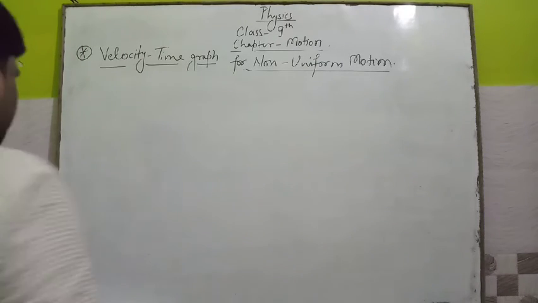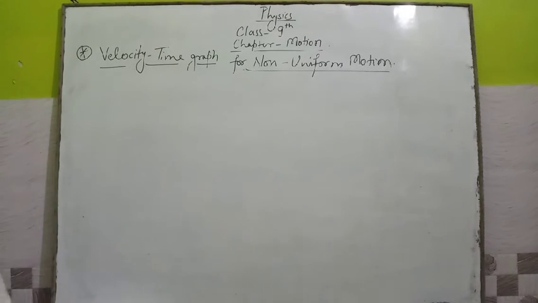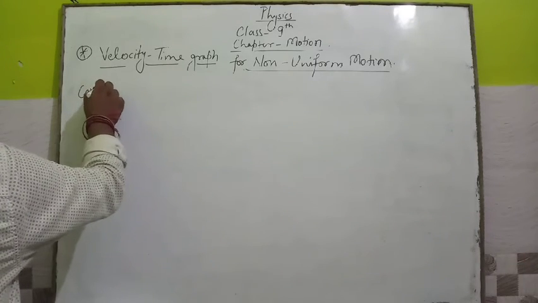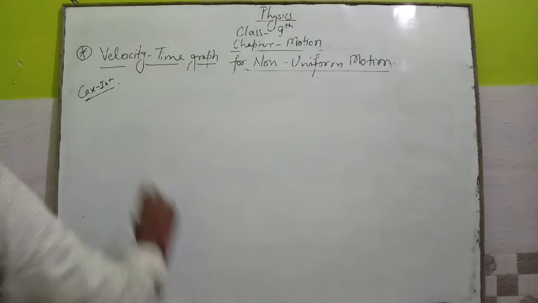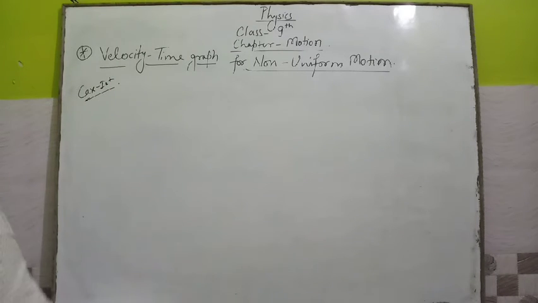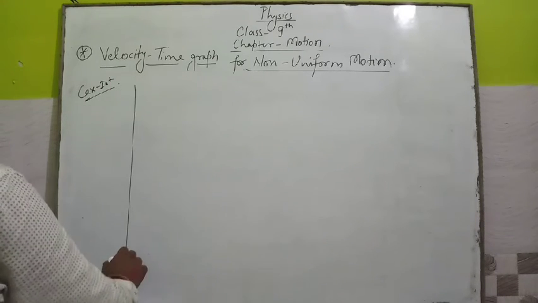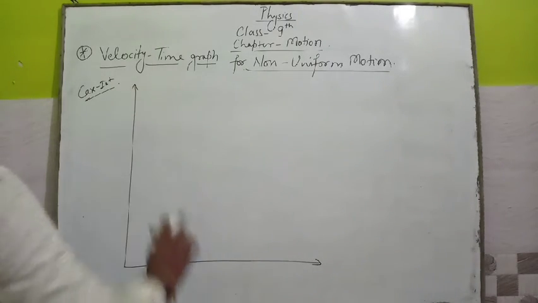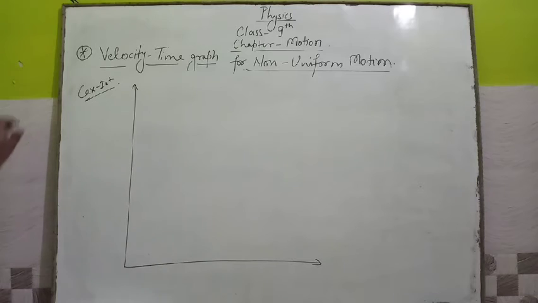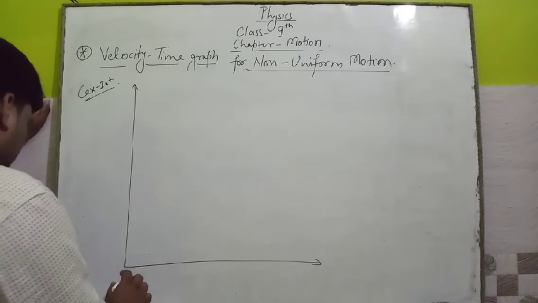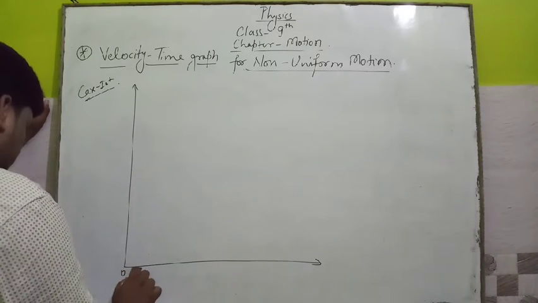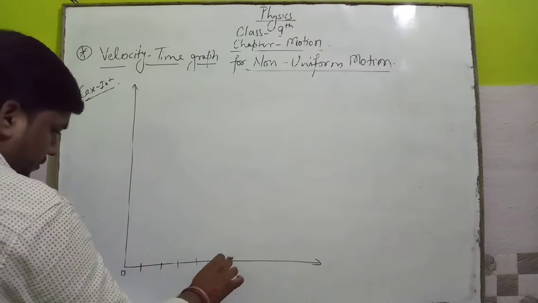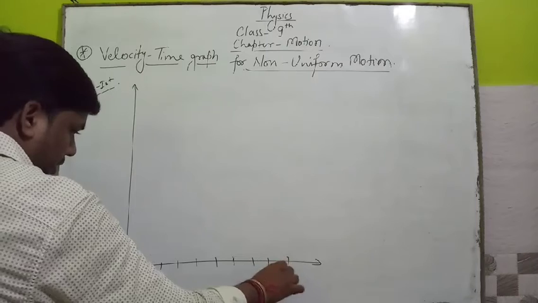So case first, you make a diagram. This graph has 0, 1, 2, 3, 4, 5, 6, 7 and 10.